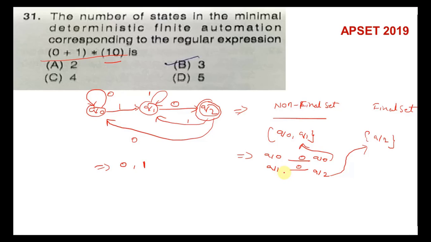We split this set into two sets: one contains Q0, the second contains Q1, and the third contains Q2. Now each set contains only one element, so there is no need to apply the transitions on the input symbols. How many states are there? There are 3 states: 1, 2, 3. So the answer for this question is option B.